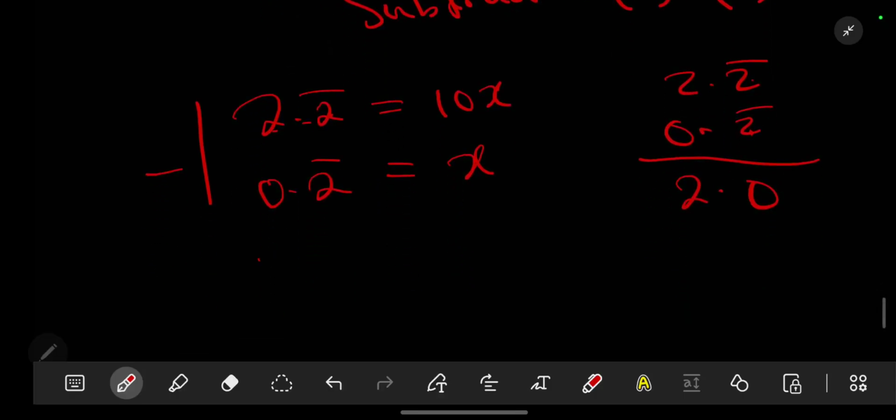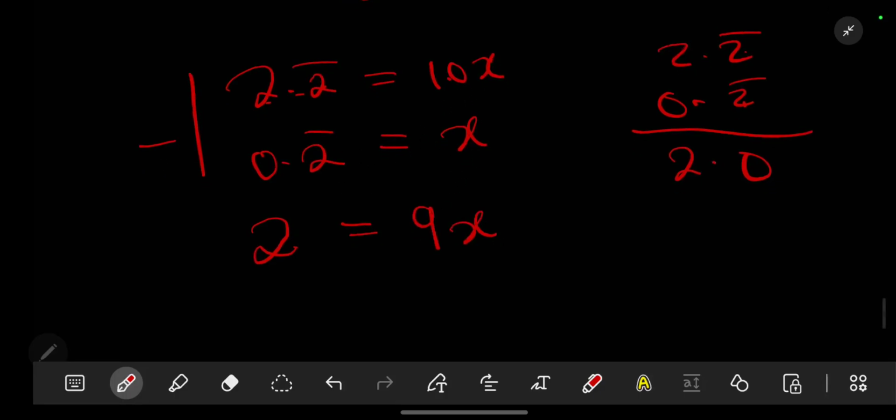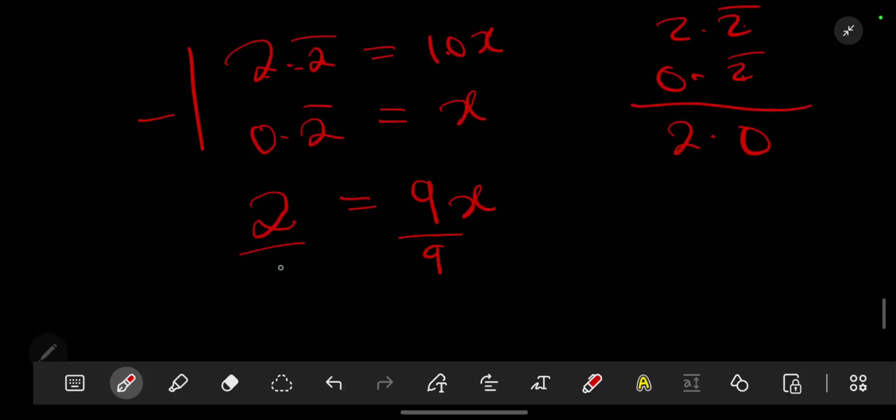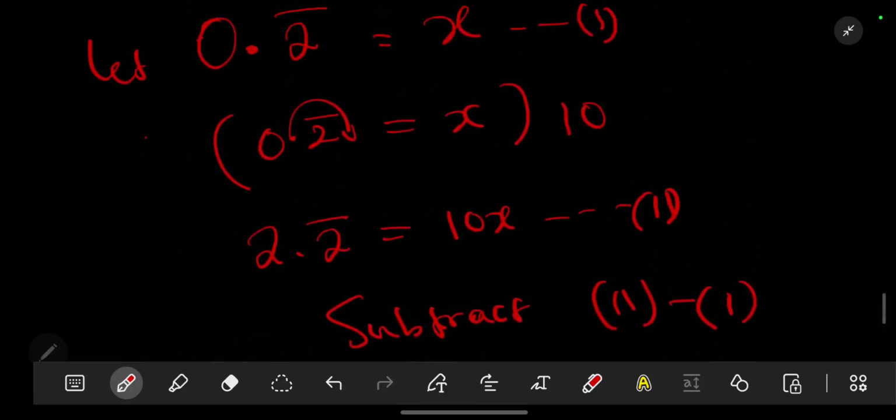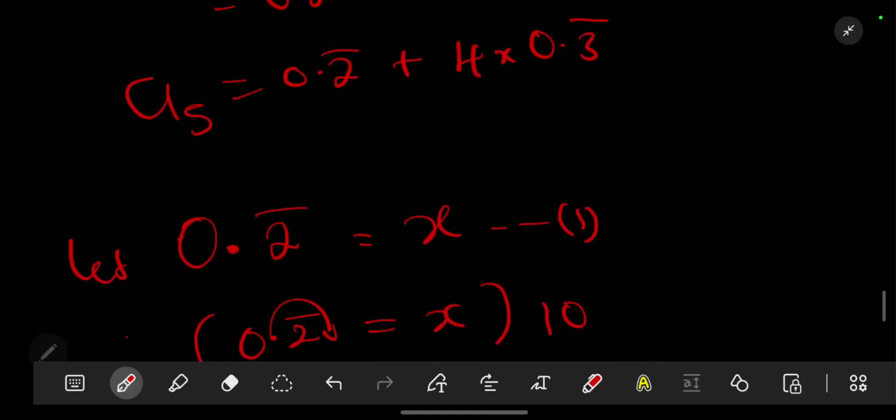So this gives us 2, equal to 10x minus x, which is 9x. We divide by 9, and x is equal to 2 over 9, like that. So we have found the value for this one.